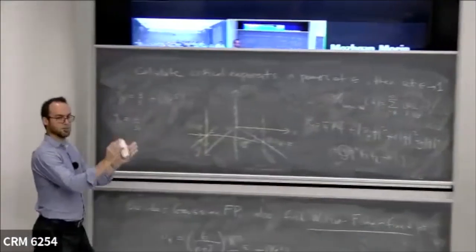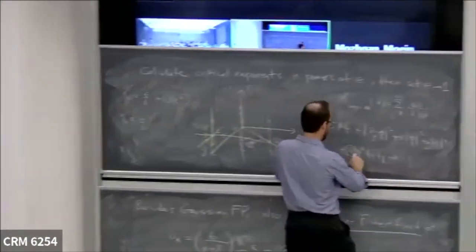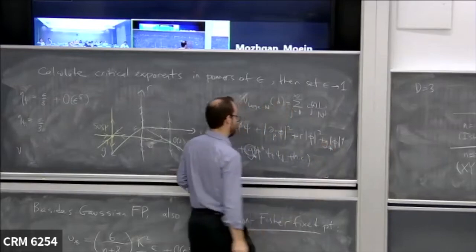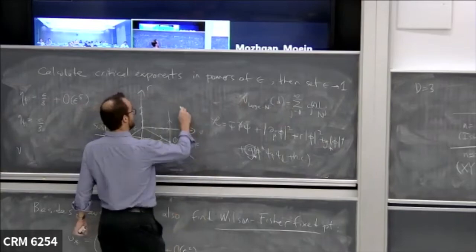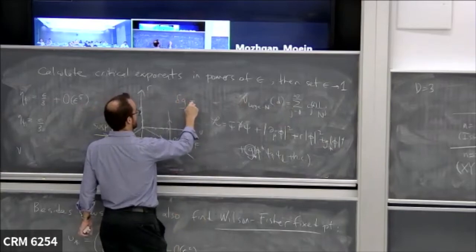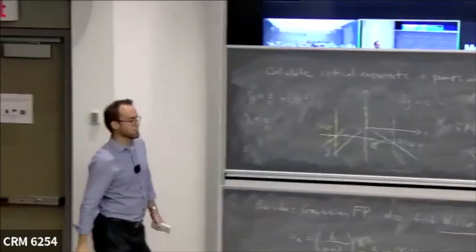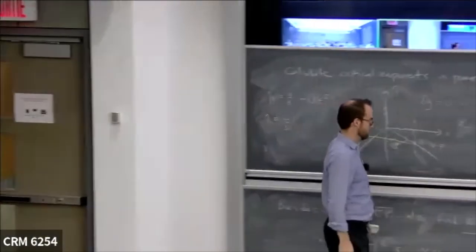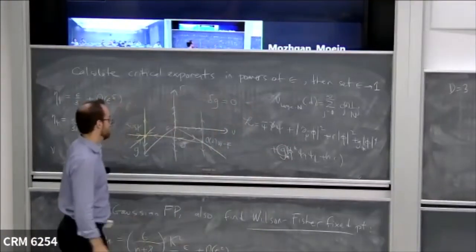The fixed point values are such that these couplings are essentially the same, and once you're there, this coupling does not further renormalize. So essentially, this delta G is 0, and that's a result that you can show using the SUSY formalism.